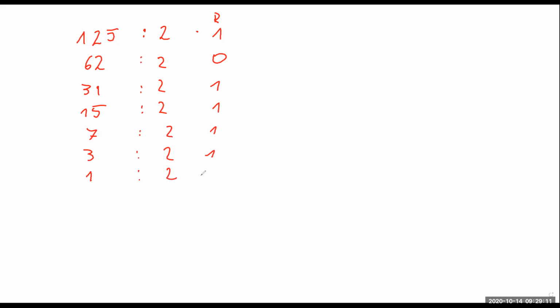And divided by 2, I get 0, remainder 1. Okay, so this finishes the calculation. And then here I have the most significant bit, and here I have the least significant bit.